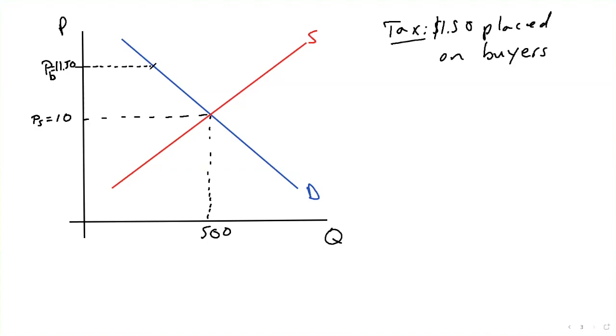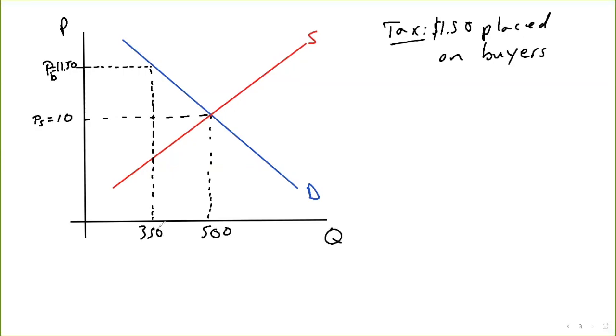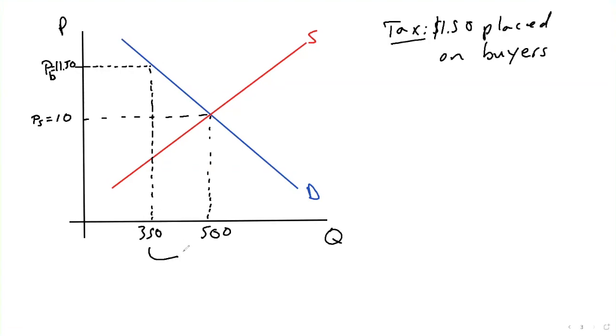So that means they would demand this much, and let's say this is 350. So the question is, is this an equilibrium? And the answer is no, because the sellers want to provide 500 at a price of $10. But if the buyer's paying $11.50, they're only demanding 350. And so these values are not equal. And so an equilibrium is one where the quantity supplied and the quantity demanded are the same.